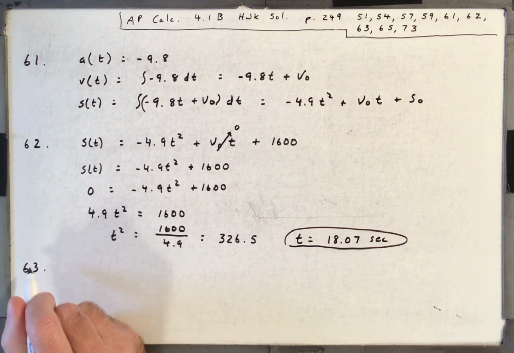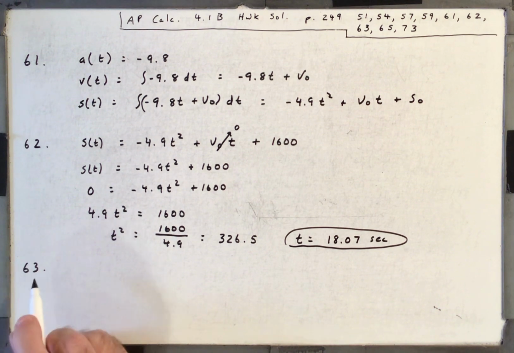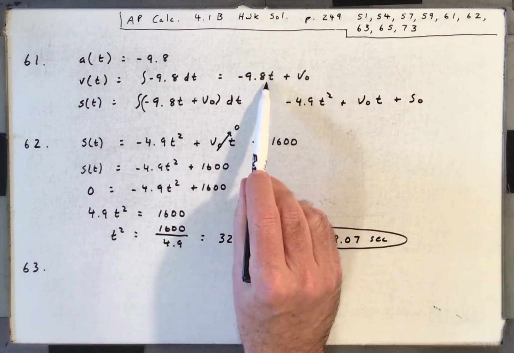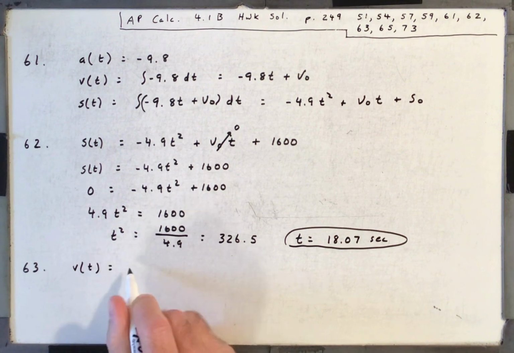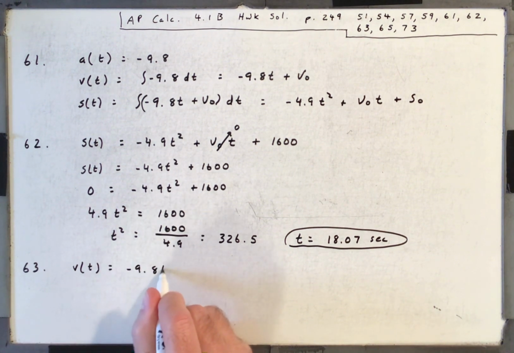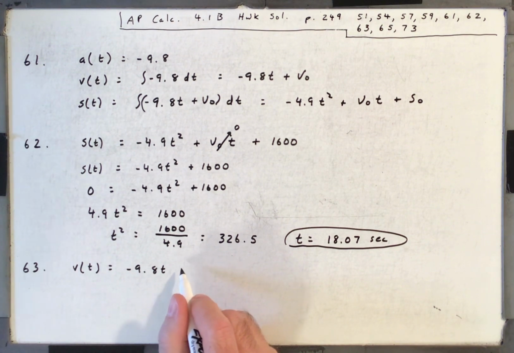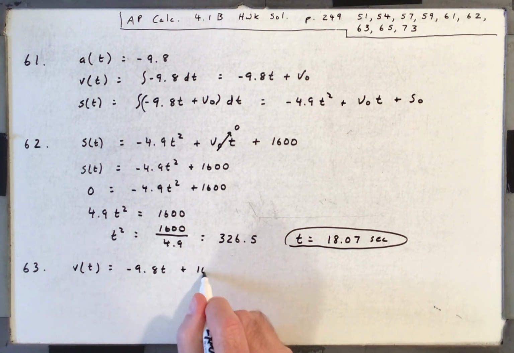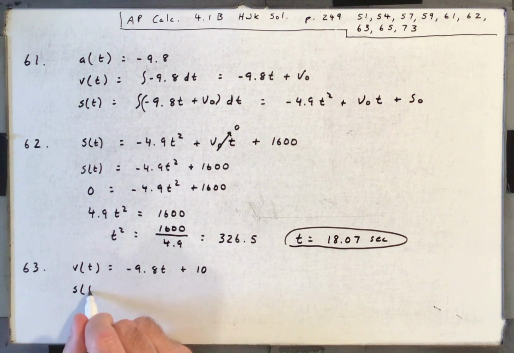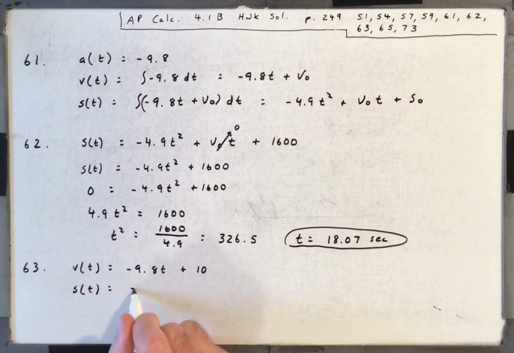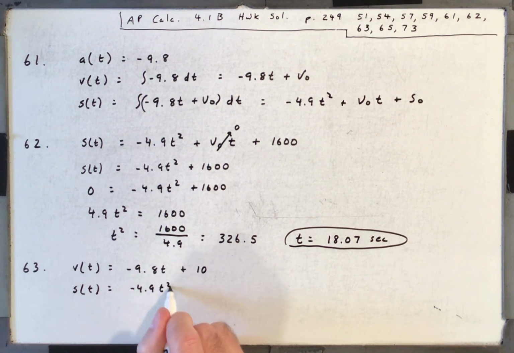Okay, 63 says a baseball is thrown upward from ground level with a velocity of 10 meters per second. Determine its maximum height. Okay, so we have a velocity equation. V of t is equal to minus 9.8 t, and our initial velocity is 10, so plus 10. And then we know S of t, so I'm integrating.